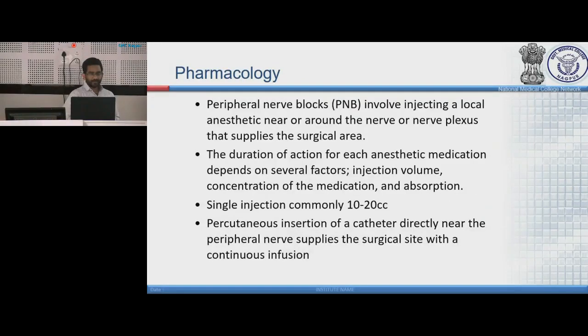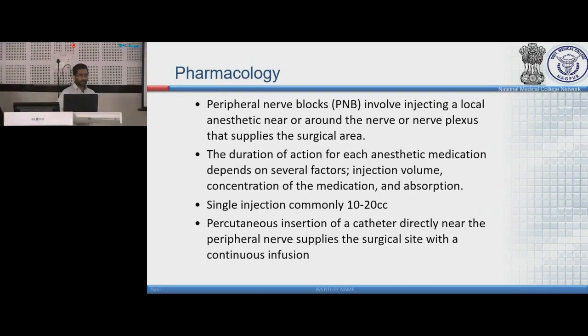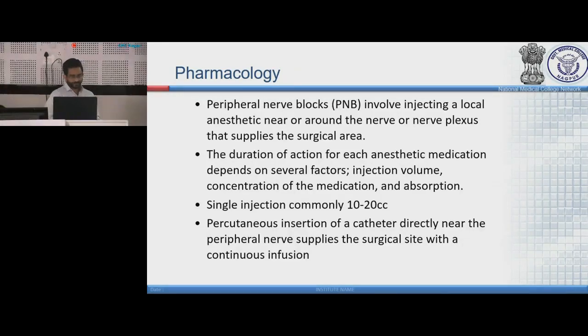Pharmacology. Peripheral nerve blocks involve injecting local anesthetic drugs near or around the nerve plexus that supplies the surgical area. The duration of action of the local anesthesia depends on the concentration of the local anesthetic drug, absorption of the drug, and volume of the drug.